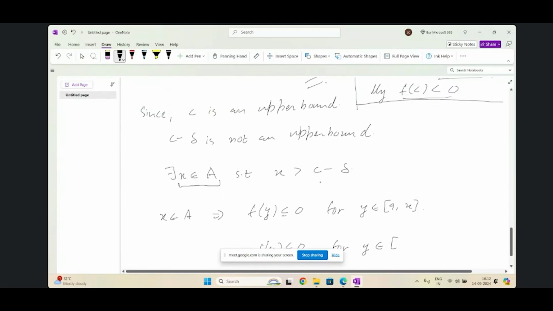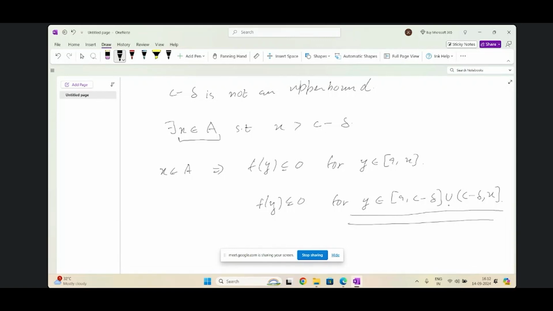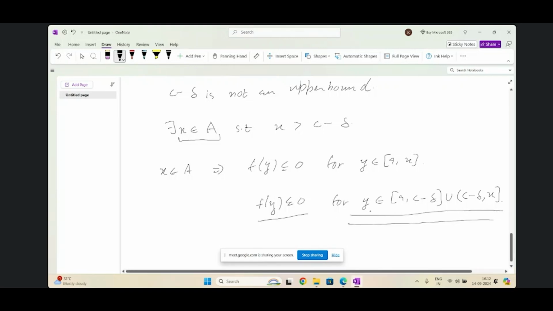Now since my x is greater than c minus delta, I can break this interval into two parts: [a, c minus delta] union [c minus delta, x]. We have proved that f of y is less than or equal to 0 for y belongs to this interval.